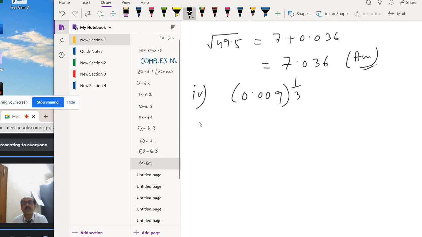So let y equal to x to the power 1/3. This is not root x, the power is 1/3. Now find its derivative, dy by dx.